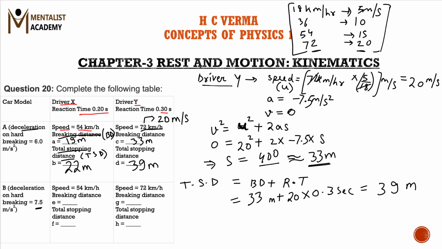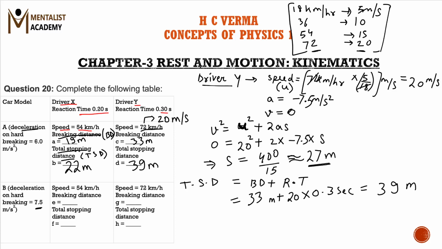So this would be 15, and distance s would be equal to 400 divided by 15, which is approximately 26 or you can say 27.